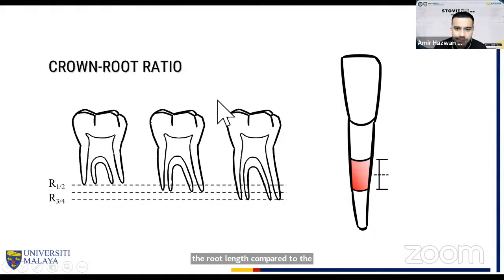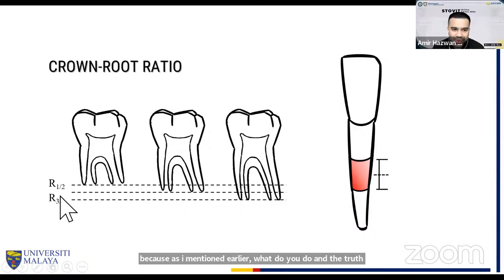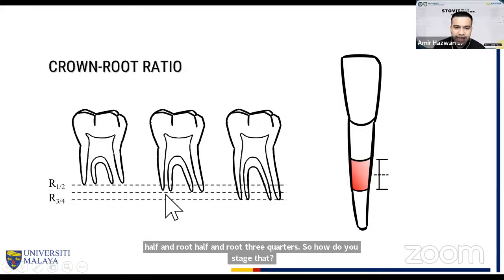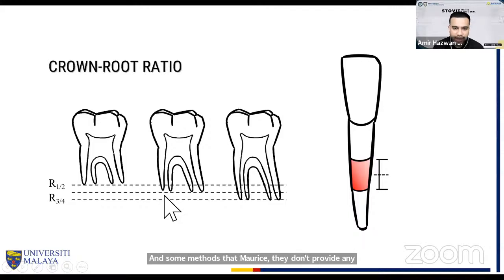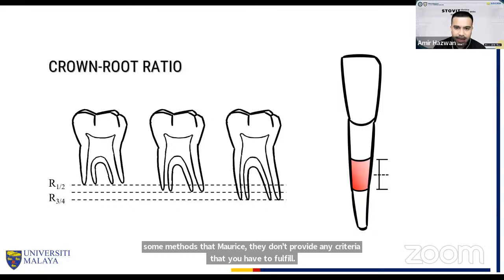My PhD project was mainly about reliability, because as I mentioned earlier, what do you do when the tooth is somewhere between root half and root three-quarters? How do you stage that? Some methods like Morris don't provide any criteria that you have to fulfill for you to be able to stage that accurately.